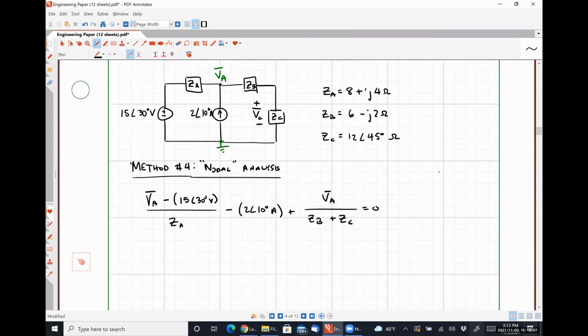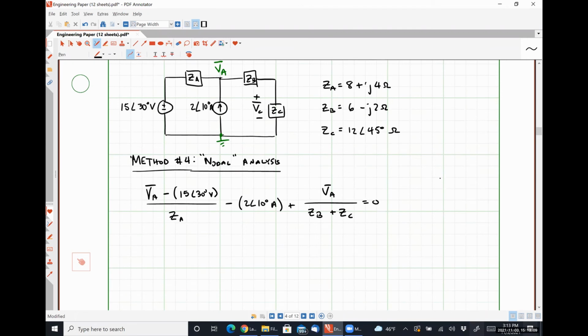So then I could say from this, VA over ZA plus VA over ZB plus ZC is equal to 15 angle 30 degrees volts divided by ZA plus 2 angle 10 degrees amps.